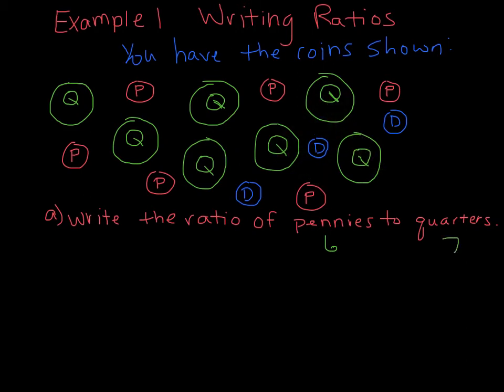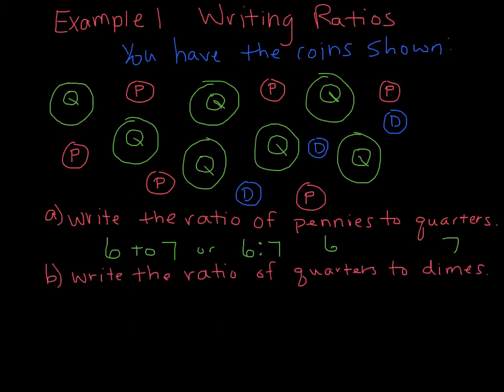To write out that ratio, if I know I have 6 pennies and 7 quarters, I would write it like this. I could say 6 to 7, or 6, my 2 dots, 7. So every 6 pennies I have 7 quarters.